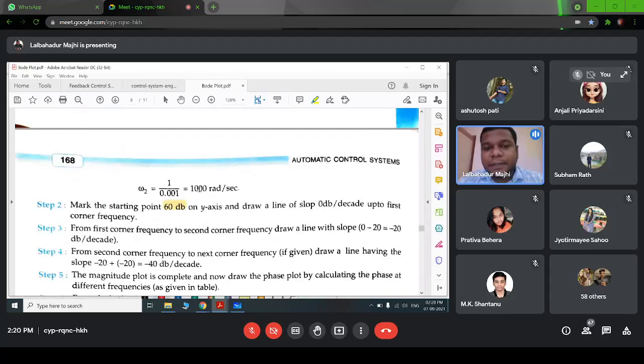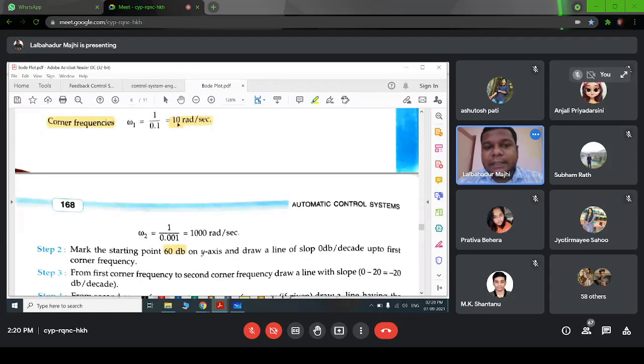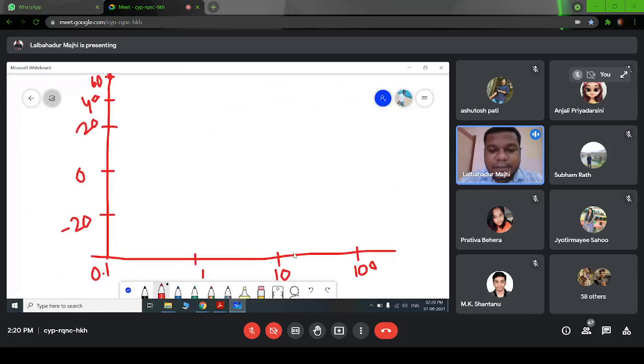So what is the first corner frequency, or the lowest one? 10 radian per second. Okay. So 10 radian per second means this one. This is your 10 radian per second. So up to this we have to draw a 0 dB per decade slope, a straight line. Okay. 0 dB per decade up to this point. So then what is the next step?